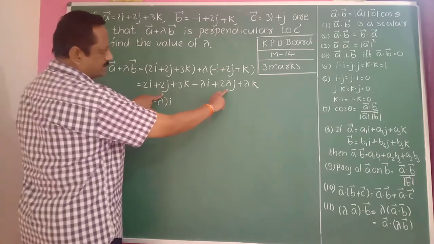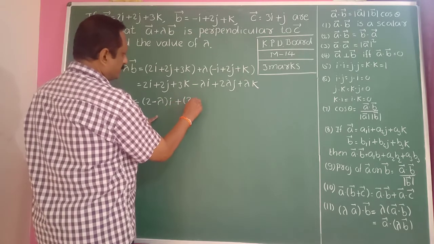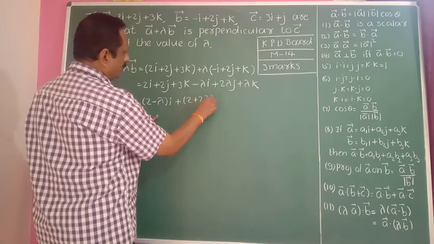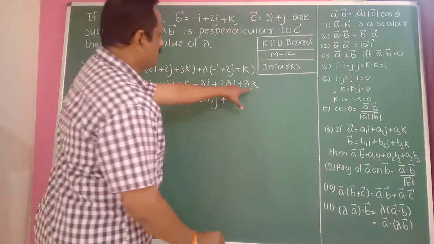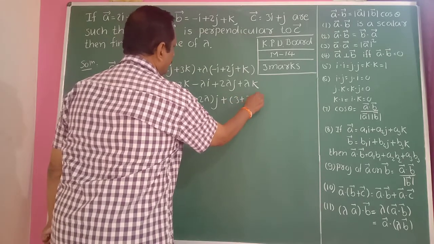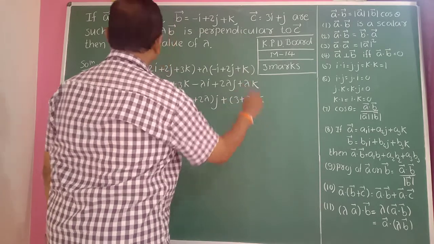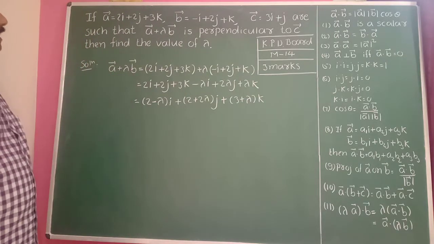From these two terms, j common factor, 2 plus 2 lambda into j here plus, and from these two terms k common factor, 3 plus lambda into k here. Okay, so this is a bar plus lambda into b bar here.